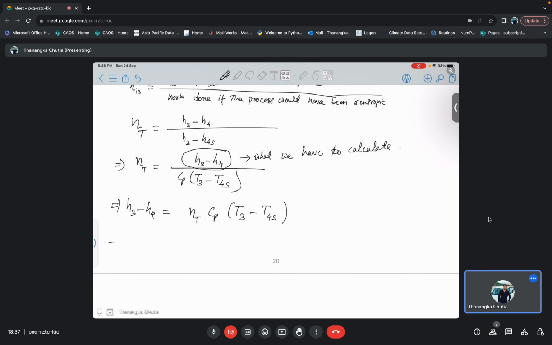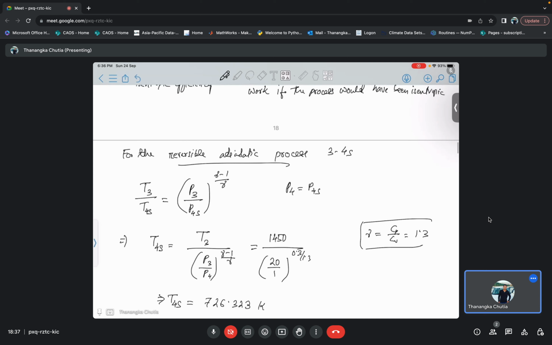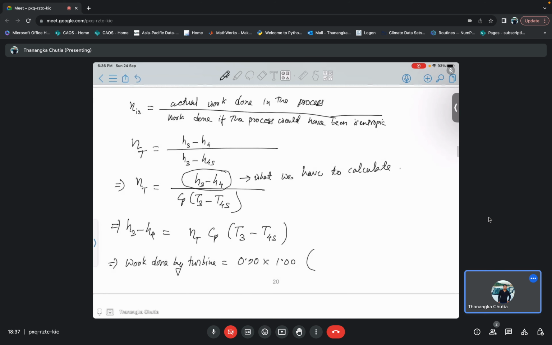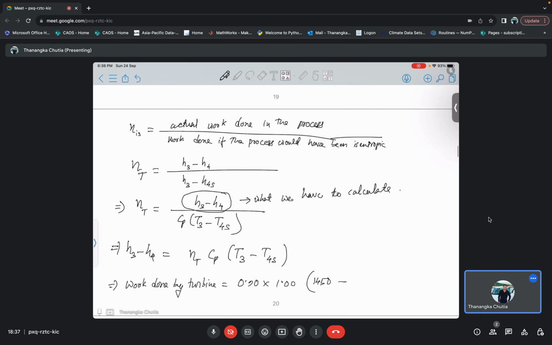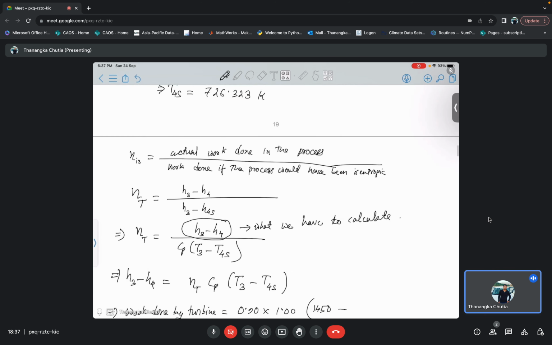So the work done by the turbine: eta T is 0.90, Cp is 1.00, T3 is 1450, and T4s is 726.323.